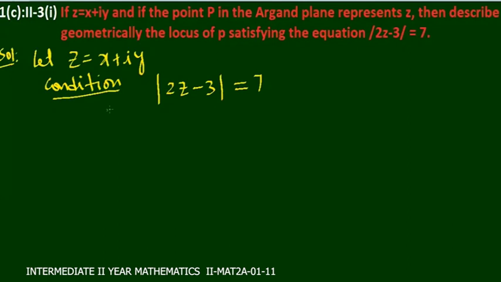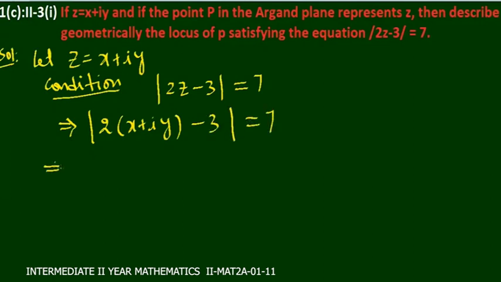Now writing z as x plus iy, in place of z you can write x plus iy, multiplying with 2, this is 2x plus 2iy minus 3 is equal to 7.